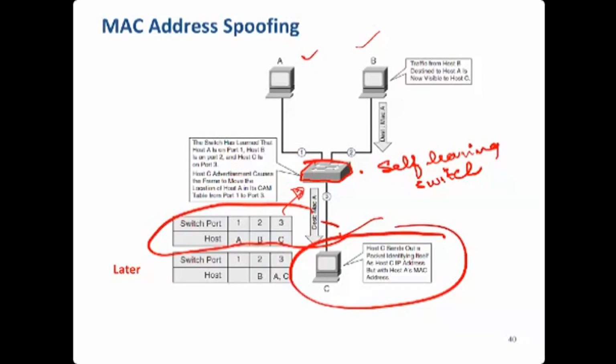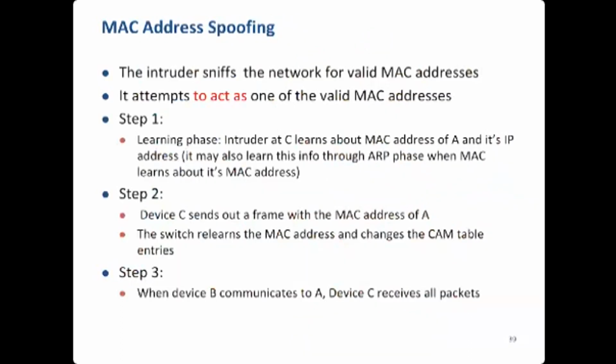Now C is a rogue element. It will create an Ethernet message and write the source address.